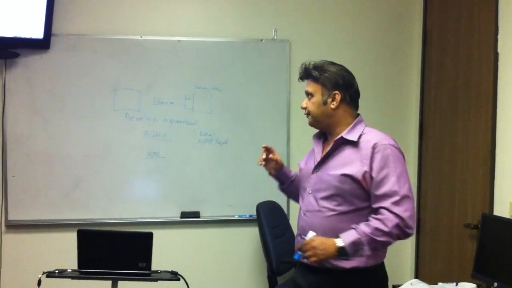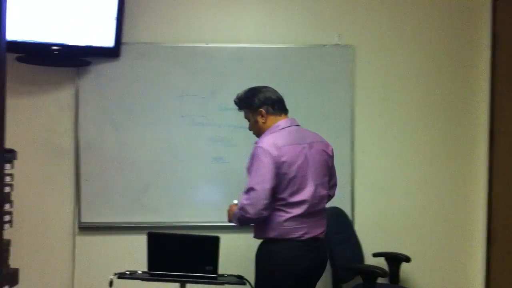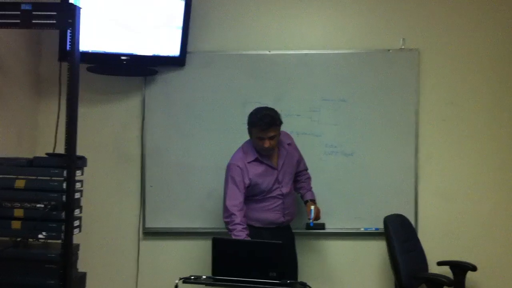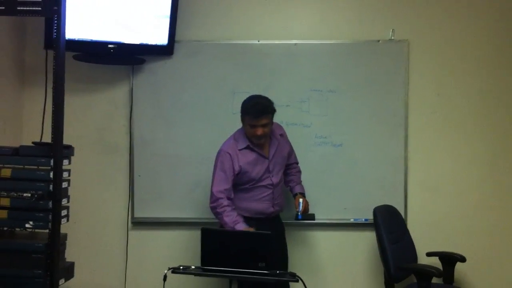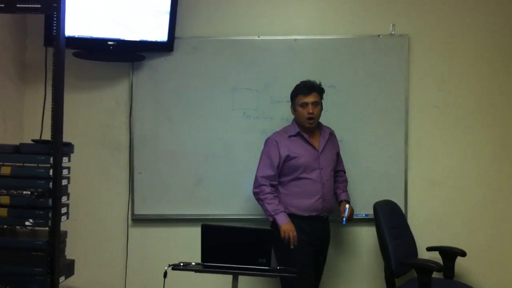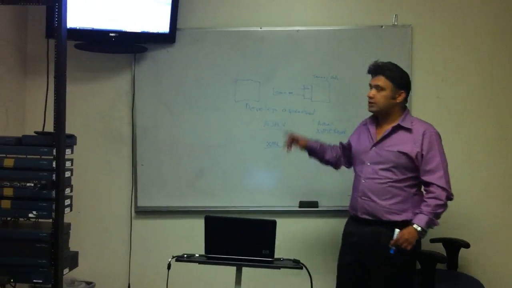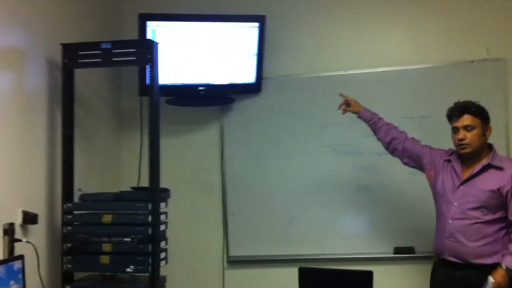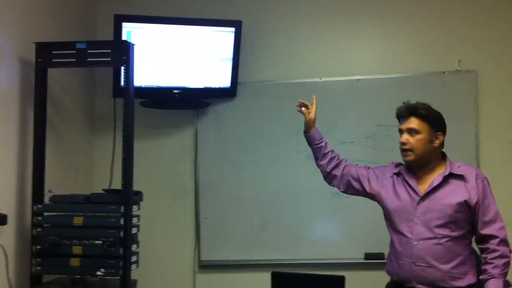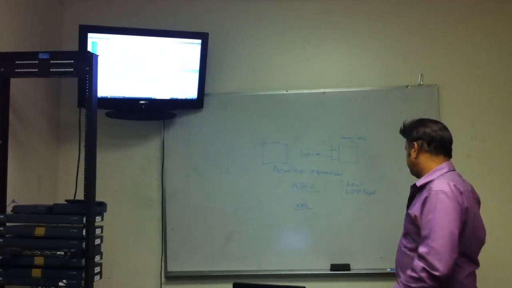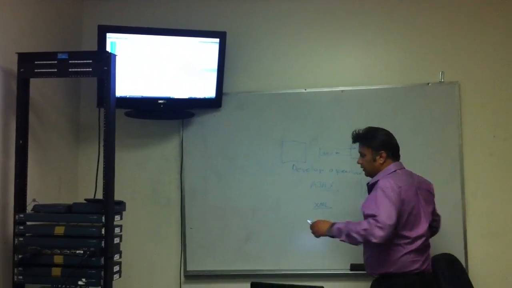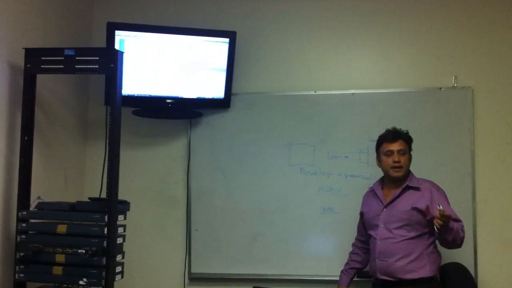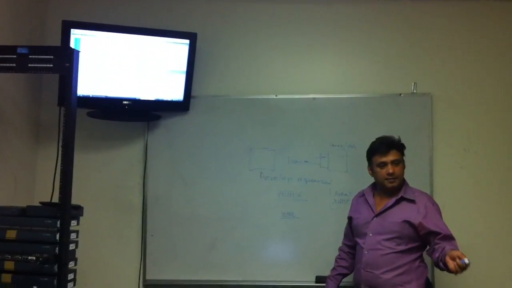So now, the first thing that I would like to point you towards is a very simple XML document. Notice here, remember I told you, an XML document always mimics the table of a database.